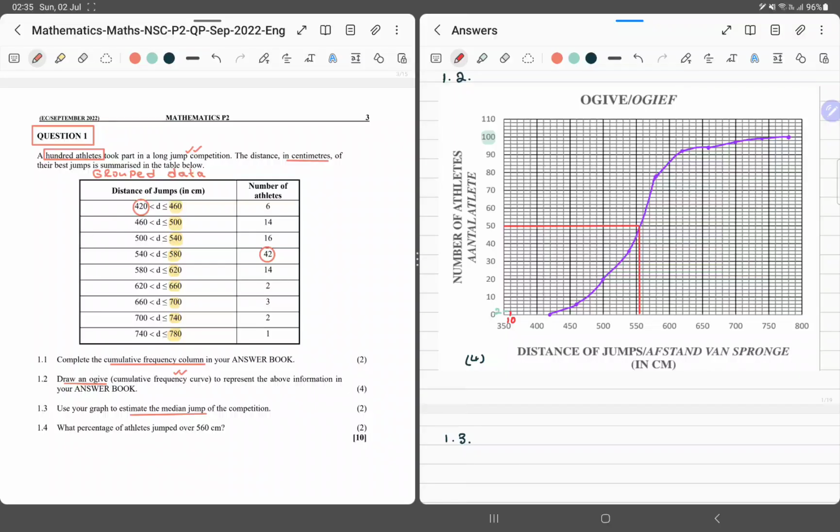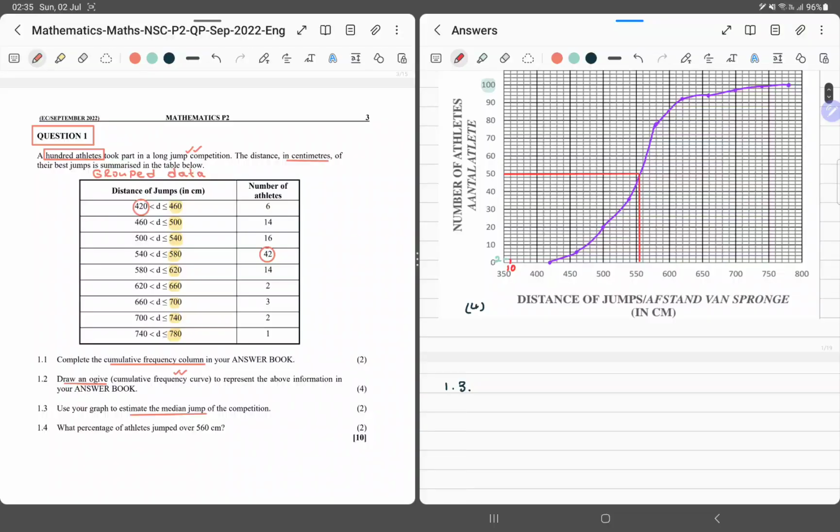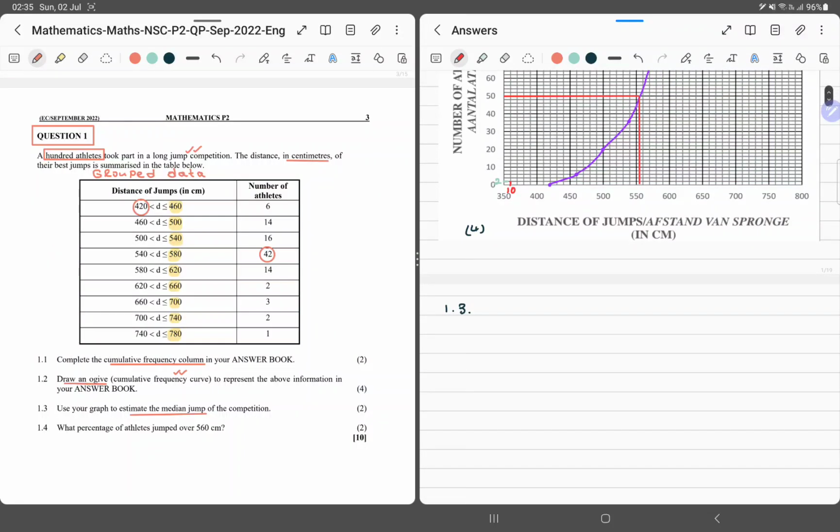We can see that this is between 550 and 560. So that's essentially 555. So we can just say here, the median jump is equal to, we can say 555 centimeters.